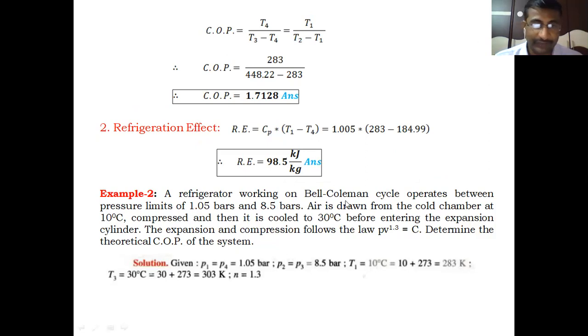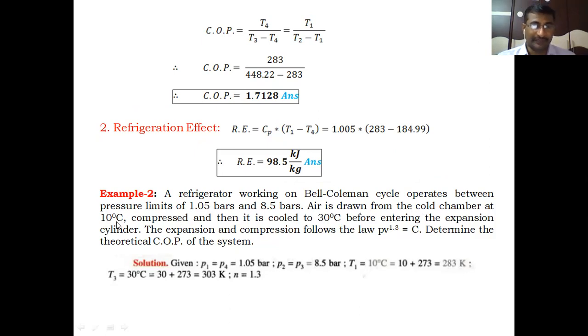A refrigerator working on the Bell-Coleman cycle operates between pressure limits of 1.05 bar and 8.5 bar. The low pressure is 1.05 and the high pressure is 8.5 bar. Air is drawn from the cold chamber at 10 degrees centigrade.